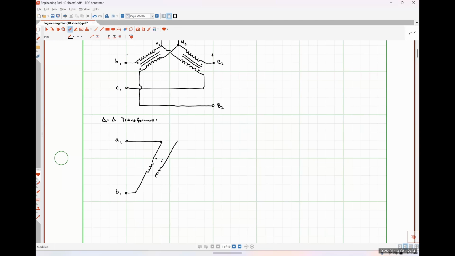Let's see here. Okay. So there's one of our single phase transformers.